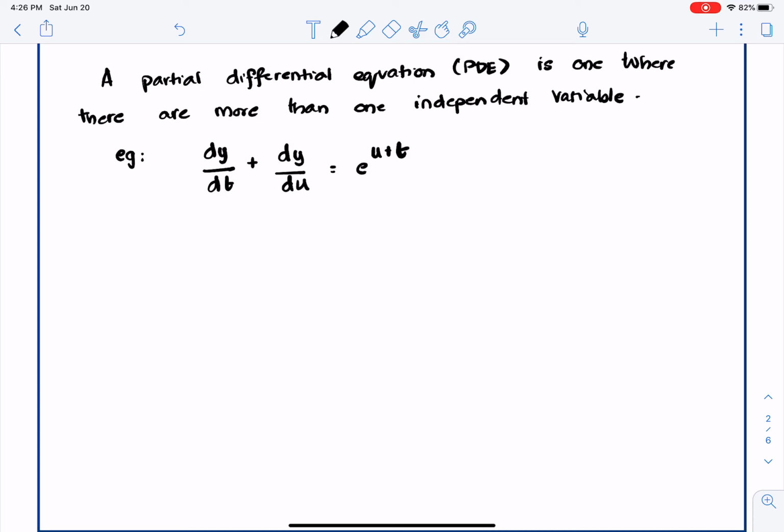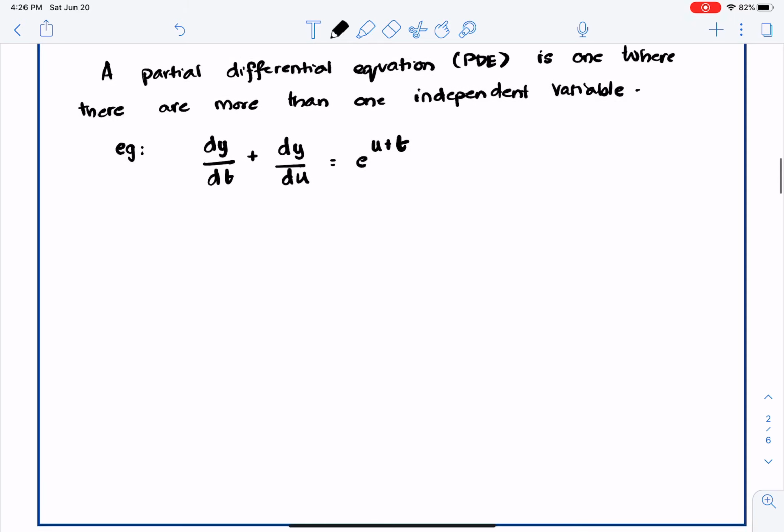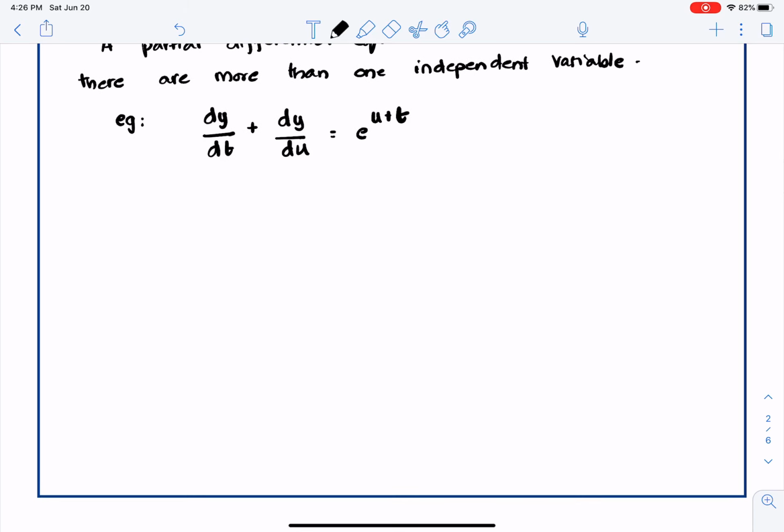So here we have one function, which is y, and it depends on, sorry, I have to use a different notation here. It is not dy, rather we have this notation which we call the partial derivative.